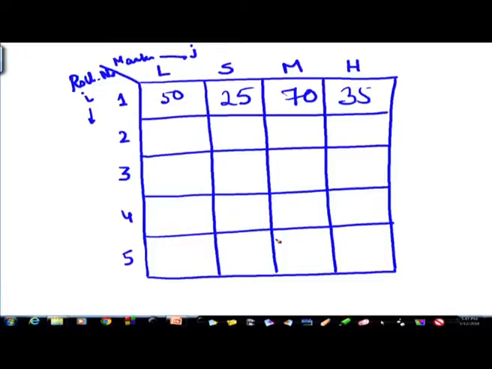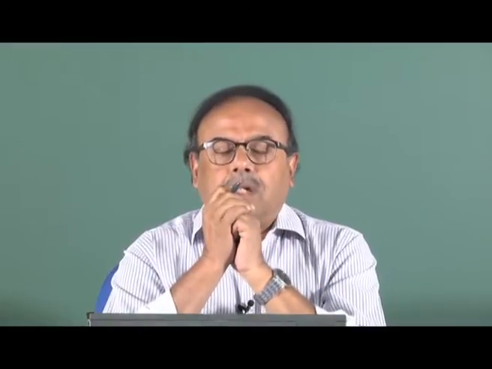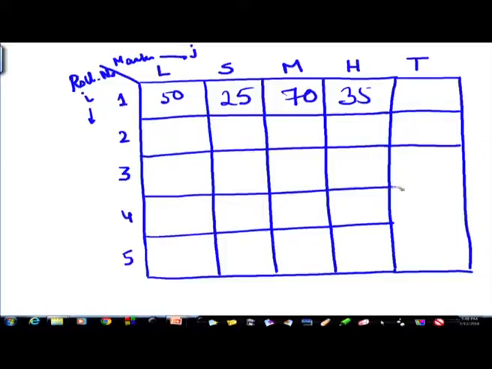Now, I can have another function that will find out the total marks of each student. Right now I do not have a space for that, so I can keep that in mind when I am preparing my table. Then I can have the fifth column for the total marks, right. Now, I have read this.